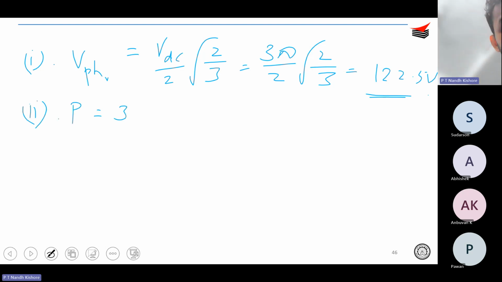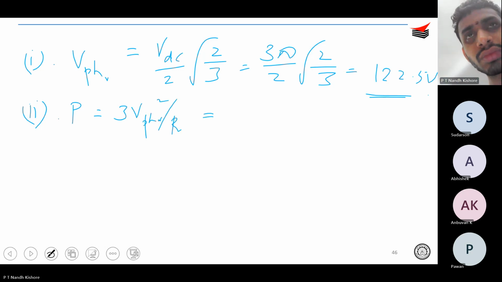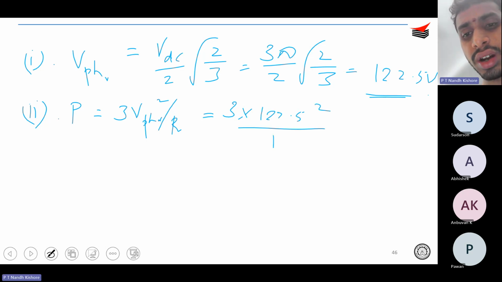P is 3 times V phase RMS square over R, so 3 into 122.5 square over 10. You can solve this and someone can maybe tell me the answer.